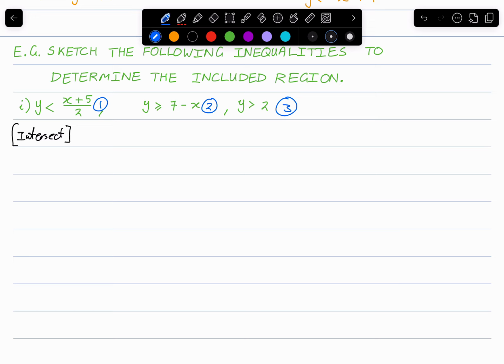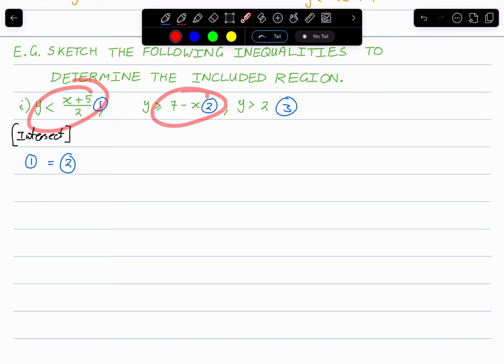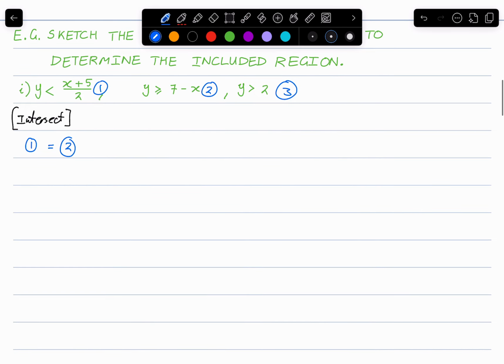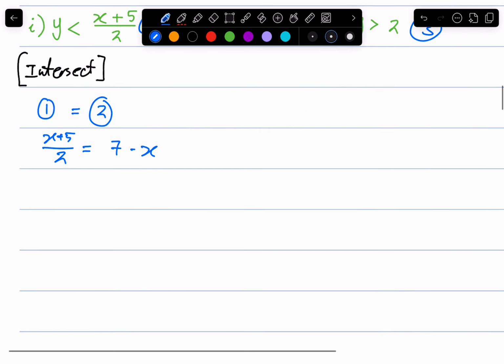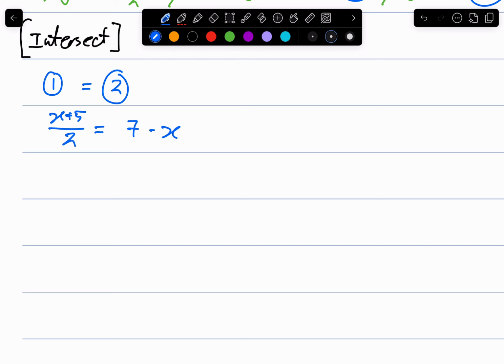In this first one, I'm going to go 1 is equal to 2. Because these are in nice y equals gradient-intercept form, we can just let them equal to one another. So we get (x plus 5) on 2 is equal to 7 minus x. Solving this, I'm going to multiply both sides by 2.